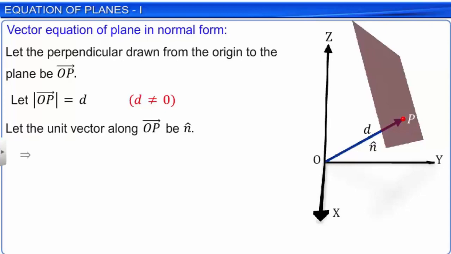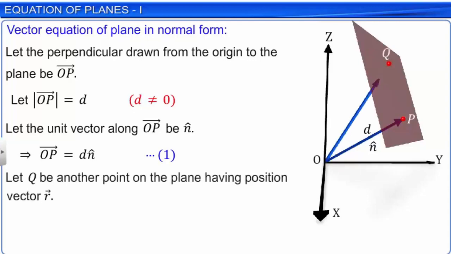Thus, vector OP is equal to the length d multiplied by unit vector n. Let this be equation 1. Let Q be another point on the plane having position vector r. Thus, vector OQ is equal to vector r. Let this be equation 2.